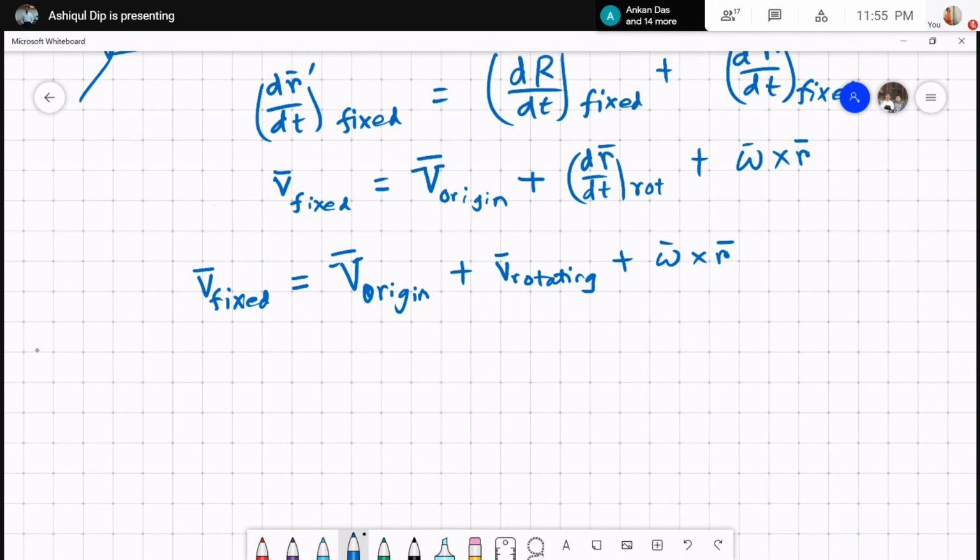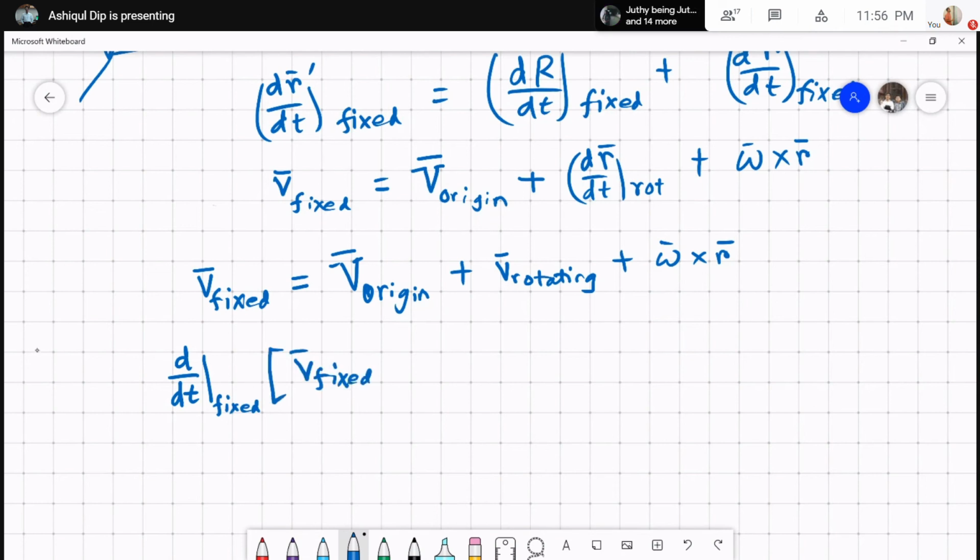If we take the derivative of v fixed, we take d/dt fixed on v fixed.